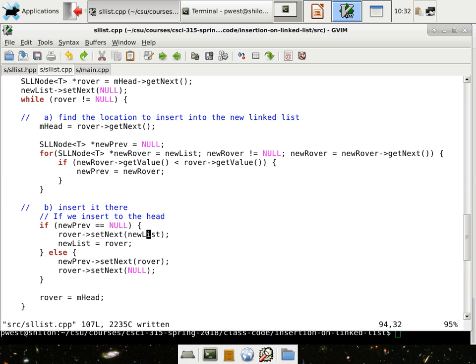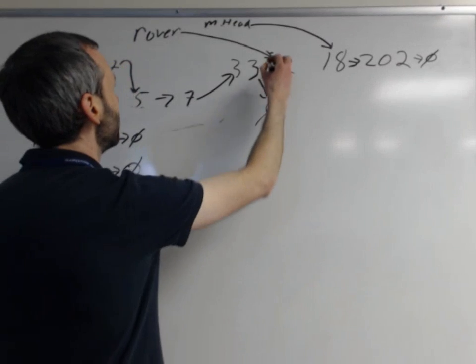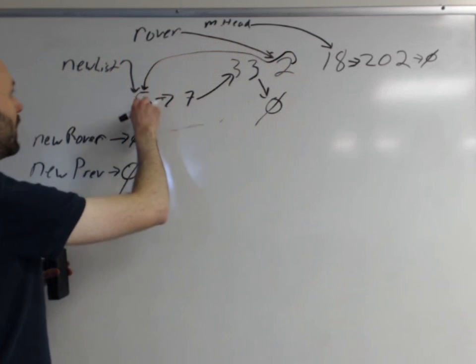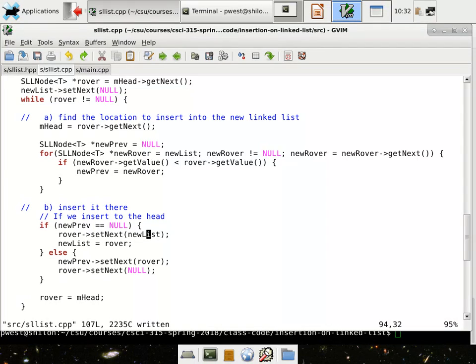So that means we're going to enter this loop right here, which means that rover dash set next is going to be new list. Which means that this 2 is now going to point to the 5, sorry, because that's what this line of code does. Point to the next one.